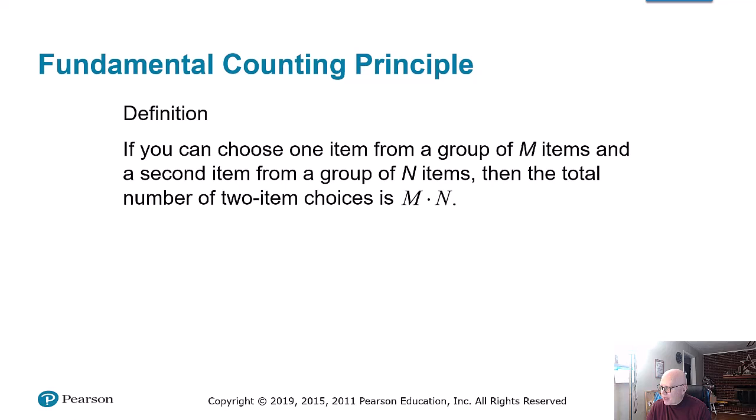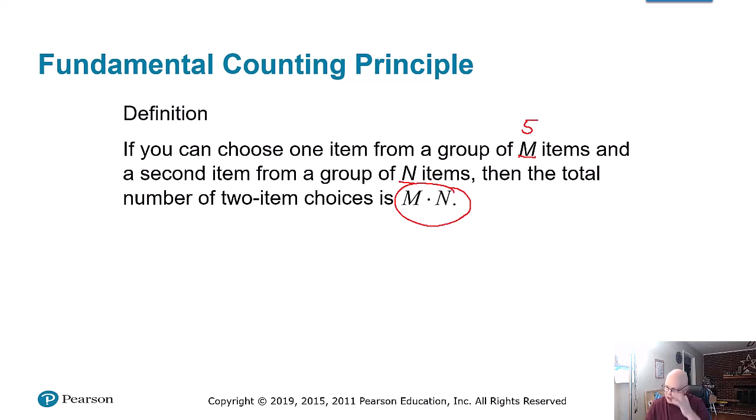Let's suppose we've got 5 of these items. We'll get to more examples later. And let's suppose we've got 7 of those. Then if we're picking one of those and then one of those, we've got 5 times 7, or 35 ways we can make those 2 selections.